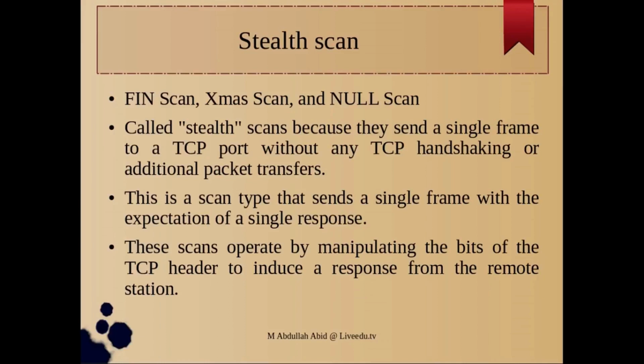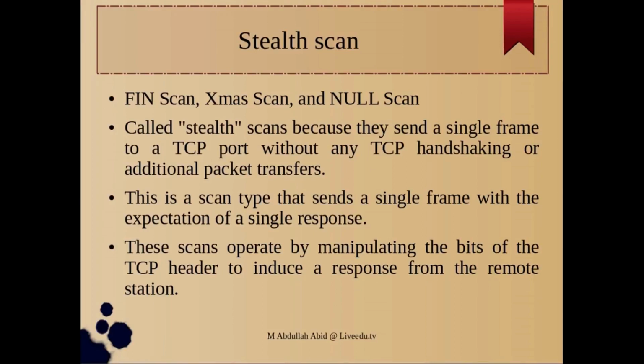There's another scan, that is the stealth scan. This scan can be of 3 types: FIN, XMAS, and null. In these scans, we do not use the usual TCP way. In the previous 2 scans, we used the typical TCP three-way handshake methodology, but in this we do not use that methodology, we are using the other flags present in the TCP header.